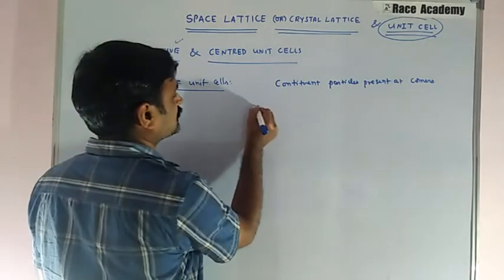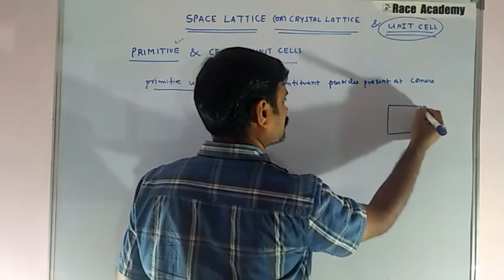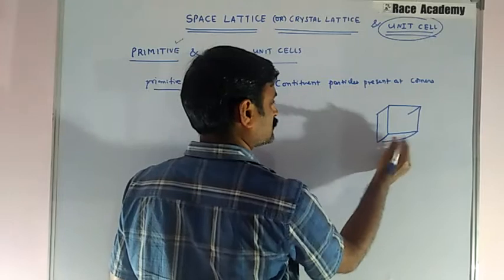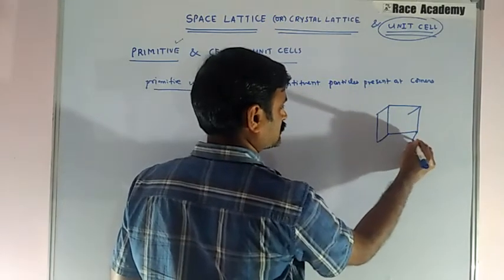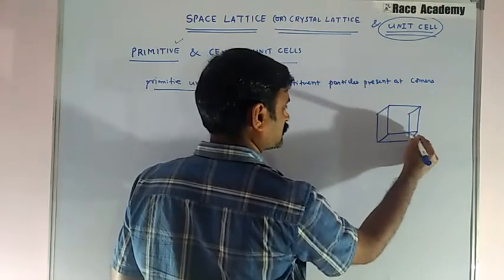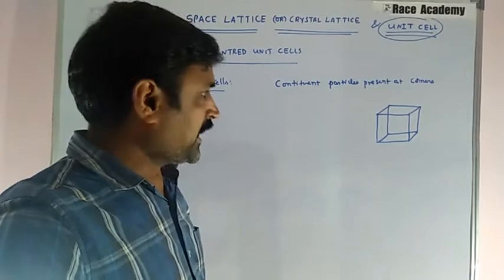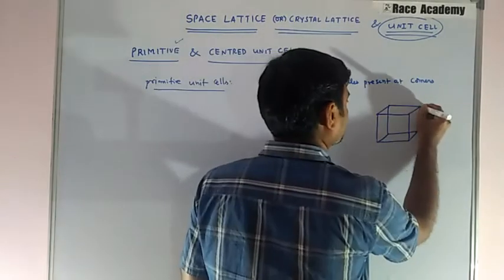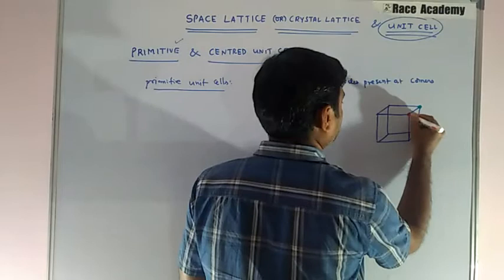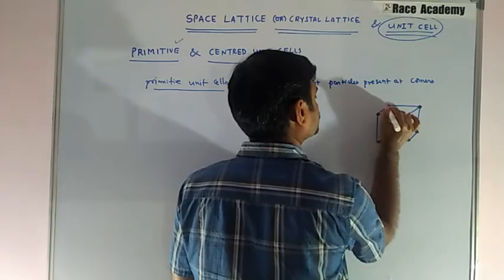Here, if you observe a cube like this, a unit cell, you need to imagine points at corners only.